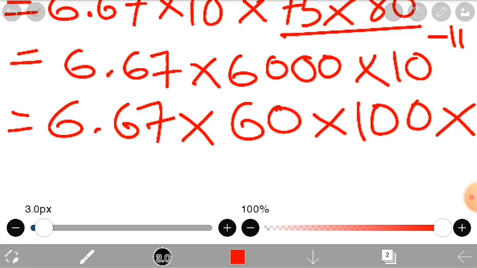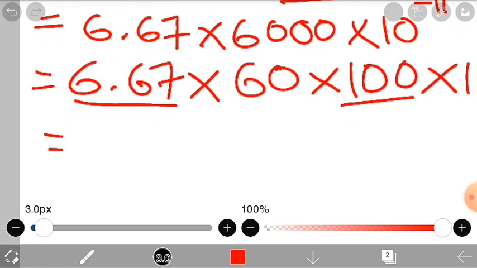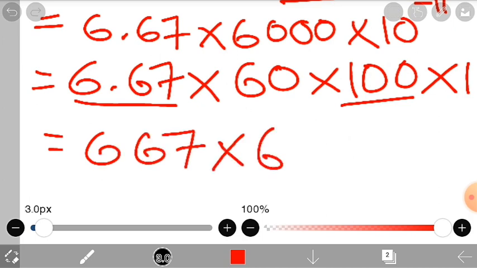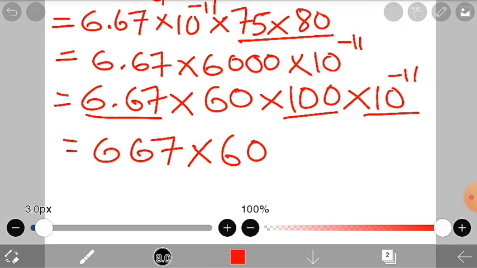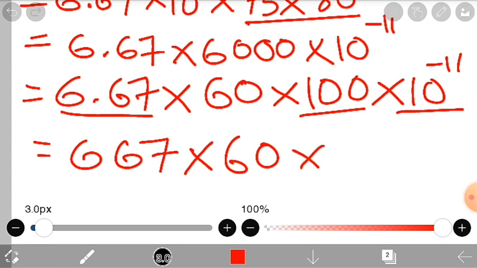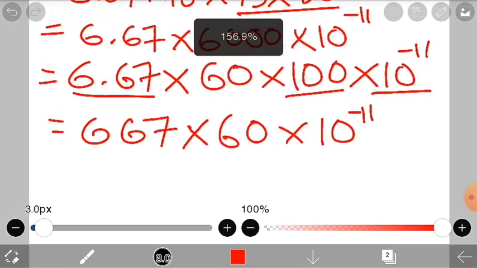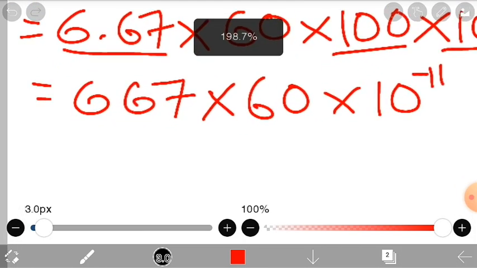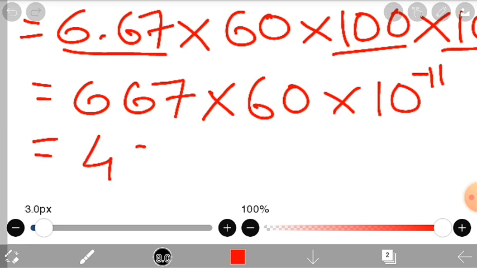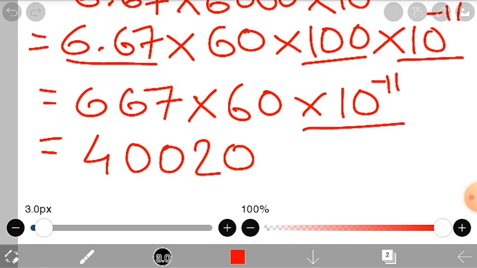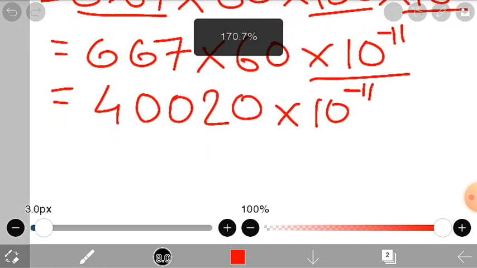Okay, so when we multiply 100 into 6.67, we get 667, that is 667 into 60, and the remaining thing is 10 raised to minus 11. So when we multiply 667 into 60, we get 40020, and the remaining thing is into 10 raised to minus 11.